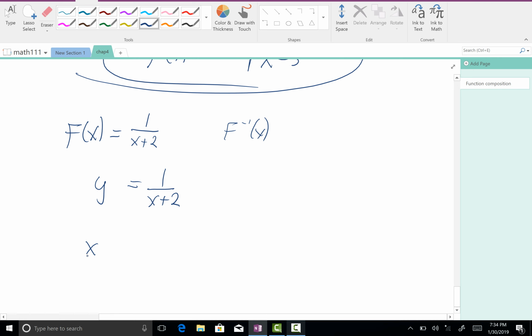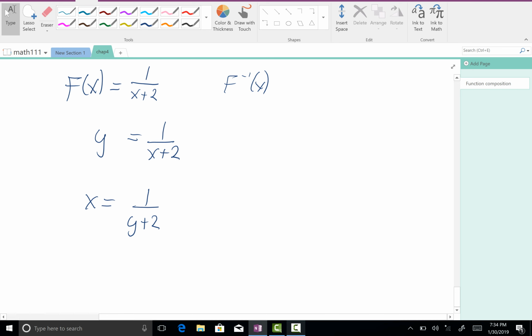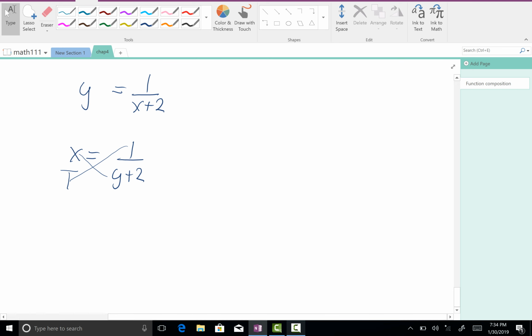And then I'm going to switch the x's and y's. And you're going to look at this and go, how in the heck do I solve for y in a deal like that? That looks pretty tough. Well, here's what you want to do. We're going to set it into a little proportion, do some cross multiplying.